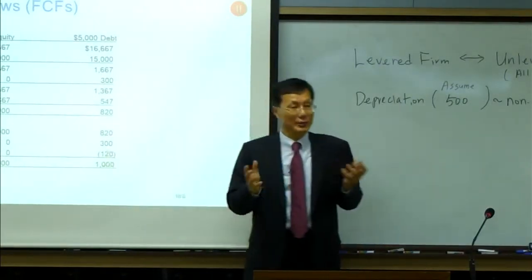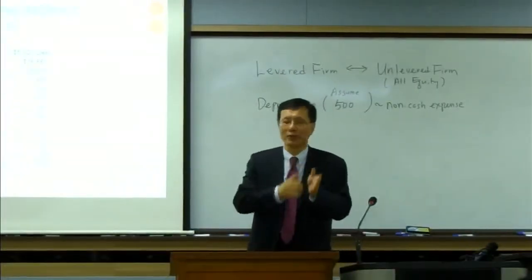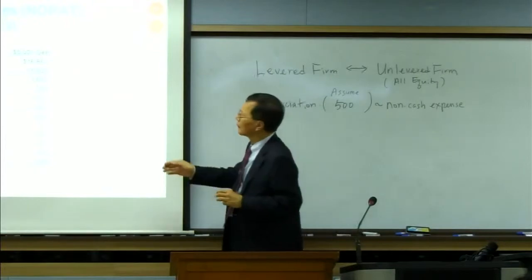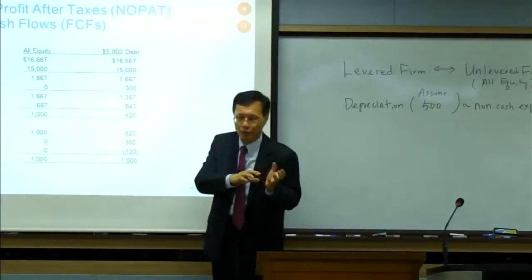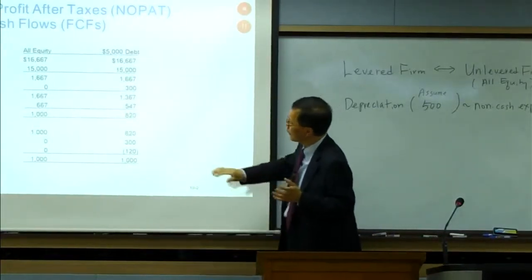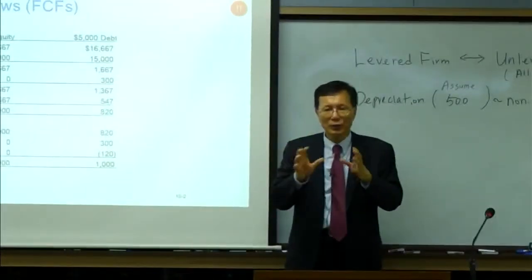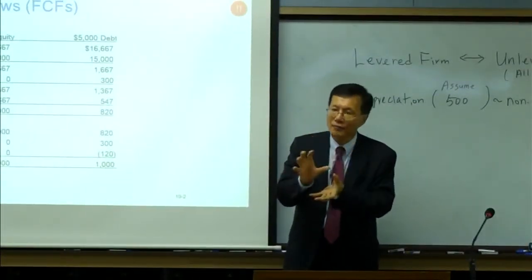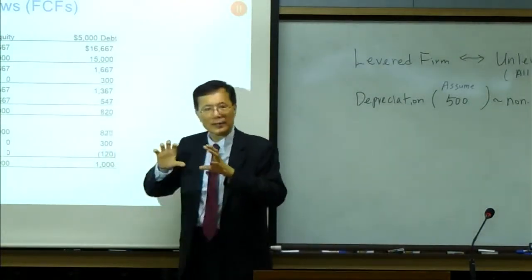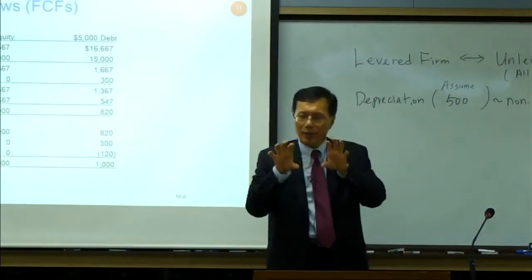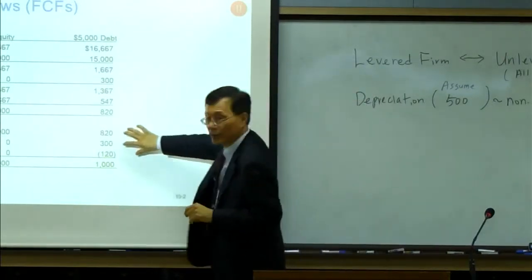Bondholders get 300, assuming that this bond is rolled over every year. So only interest is paid to the bondholders. So 820 and 300. So the total money given to the claim holders is 1,120.